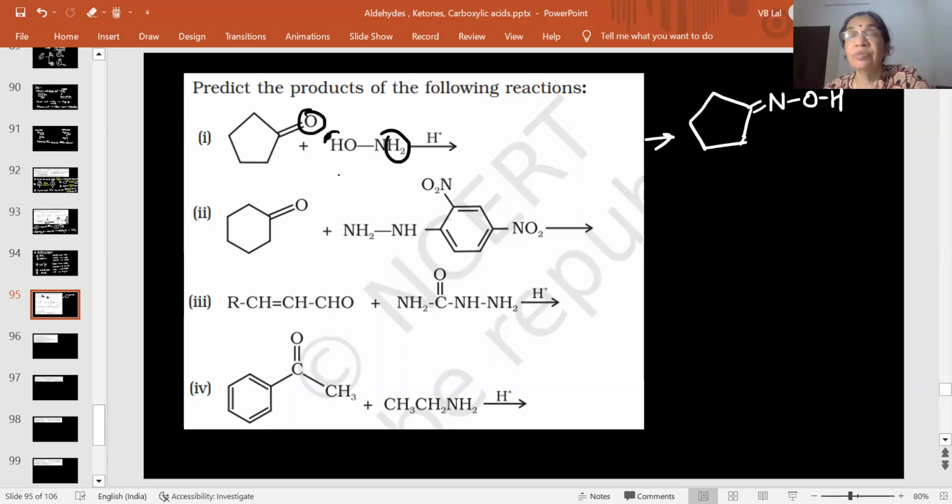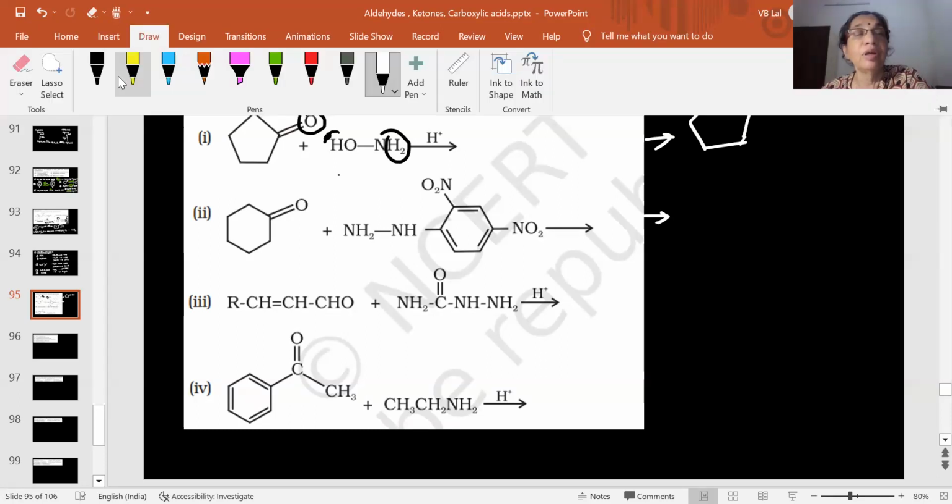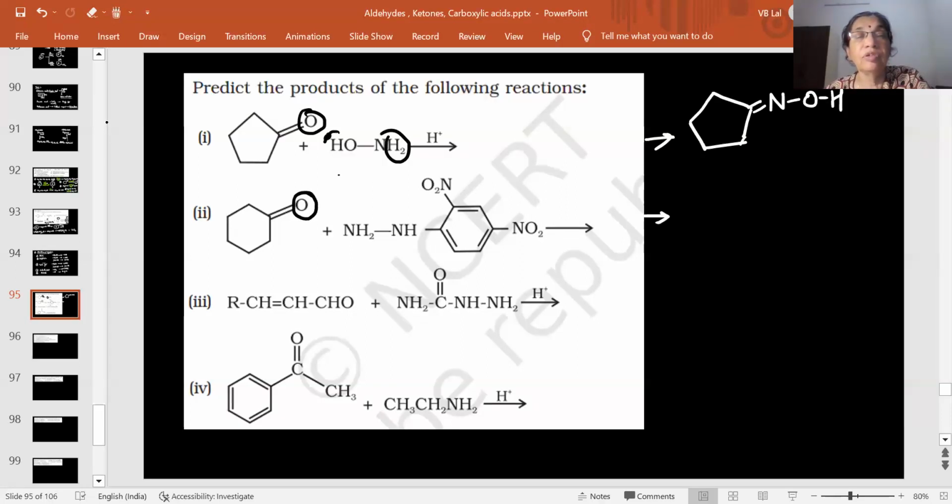Now you see the next one. What is the product? Again, I have to remove water. From where do I remove water? These are all ammonia derivatives. So how will I remove water? Just see this. So you have oxygen from here and hydrogen will go from here. So how will you write the product?